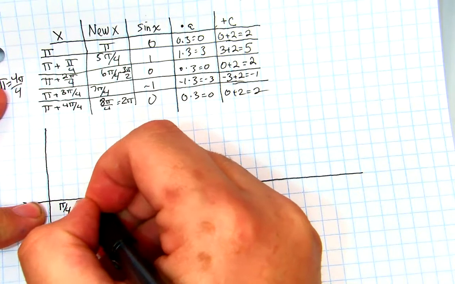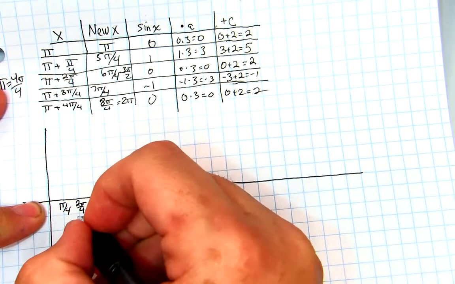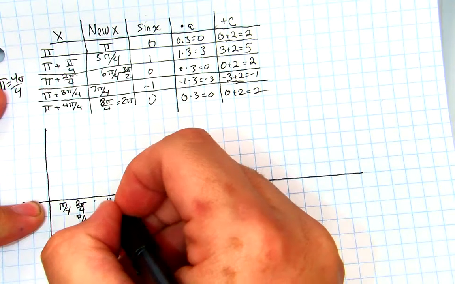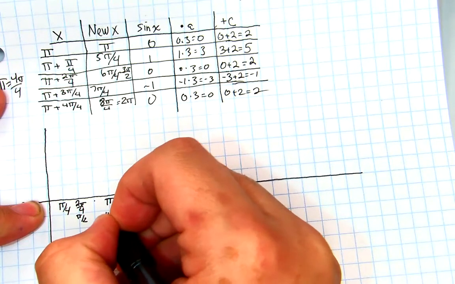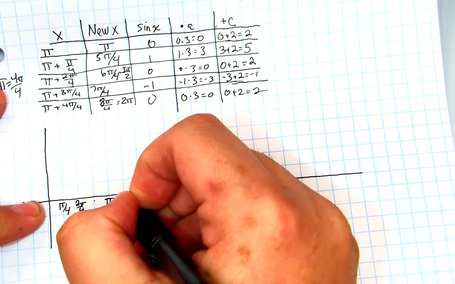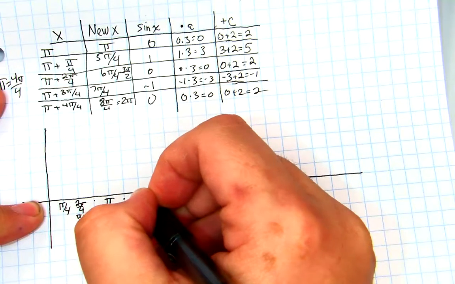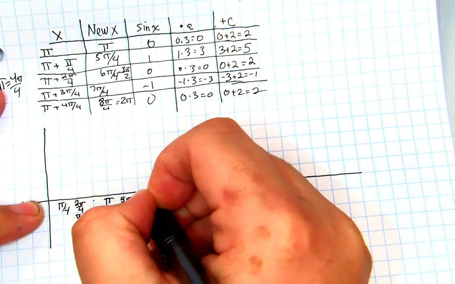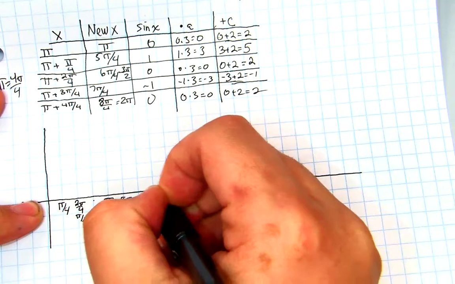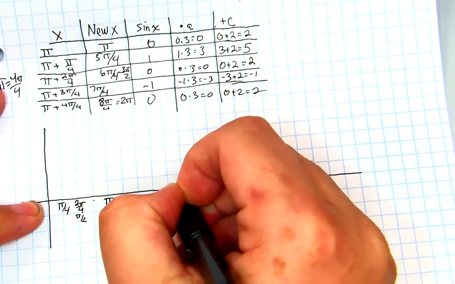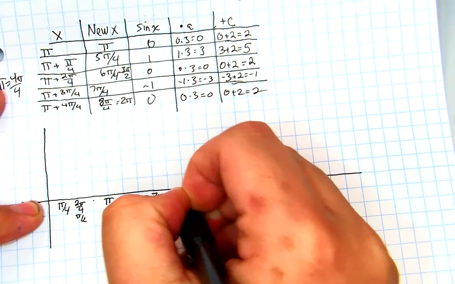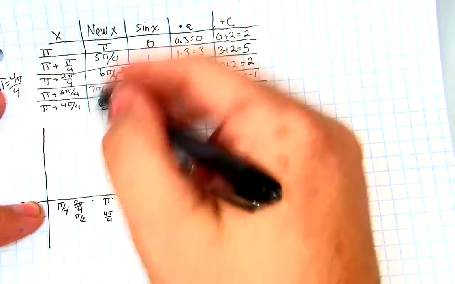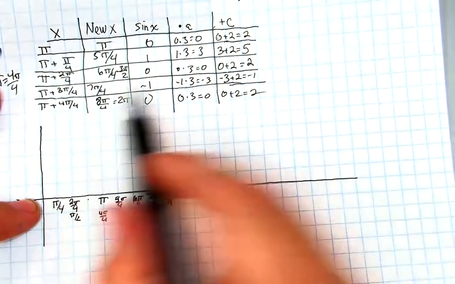This is 2 pi over 4, which is really pi over 2. 3 pi over 4, 4 pi over 4, which is pi. 5 pi over 4. 6 pi over 4. 7 pi over 4. 8 pi over 4. And that gets me to my final point.